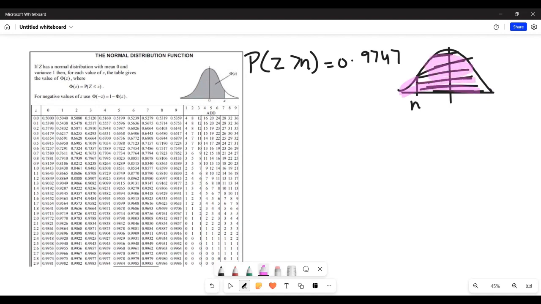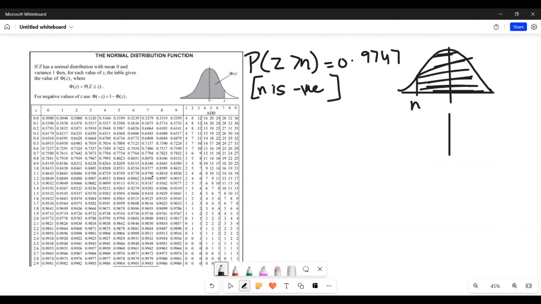So this would be 1. So we're now very close to the left end of the graph. That means n is negative. So let's write n is negative as a reminder. Okay. So we cannot use the table if n is negative.